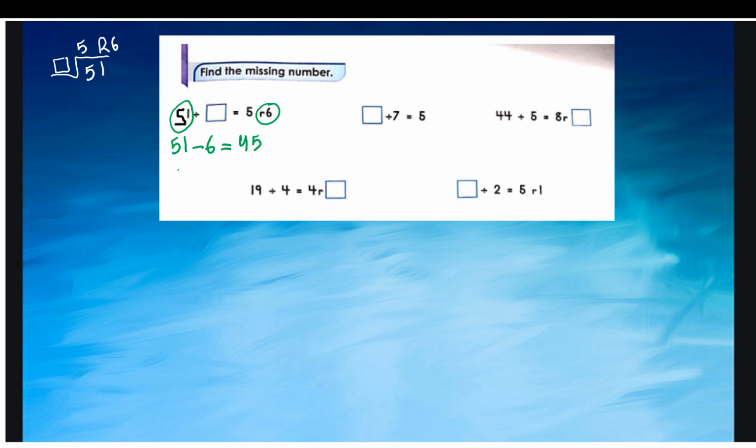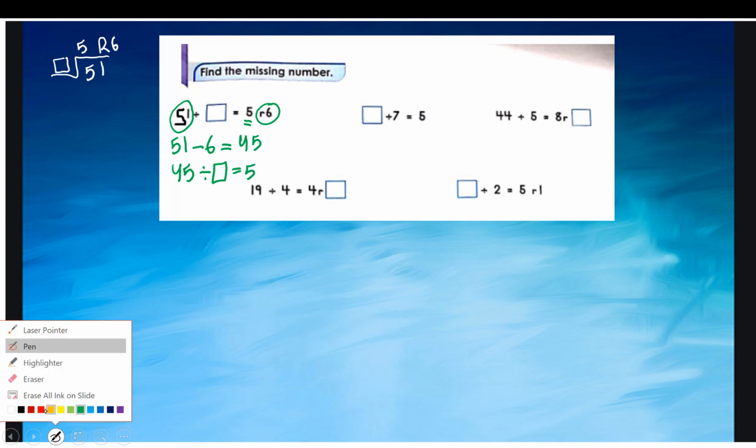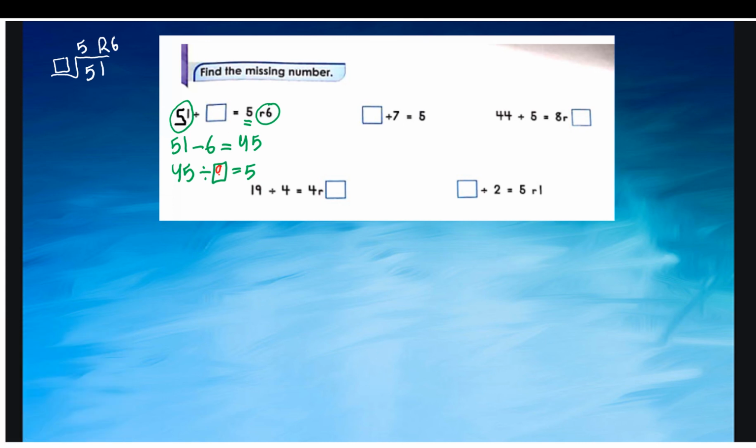Now step 2: 45 divided by a number, the answer equals 5. What is the number that if I divide 45 by it, the answer will be 5? Great job. 9. So the missing number here is 9.